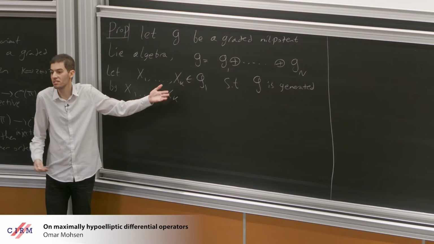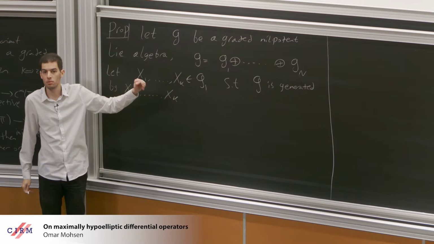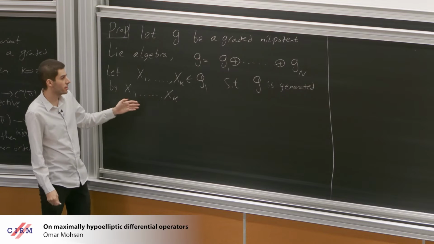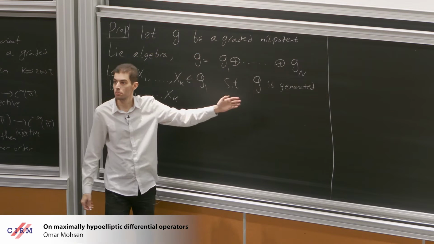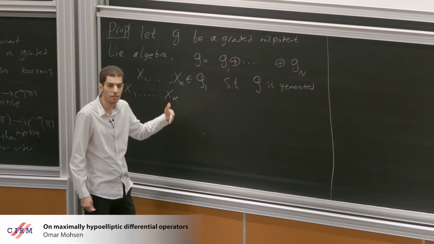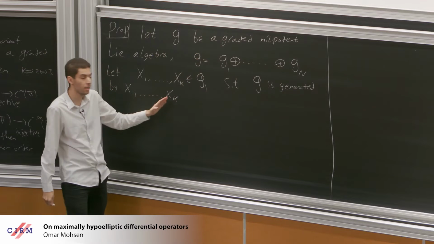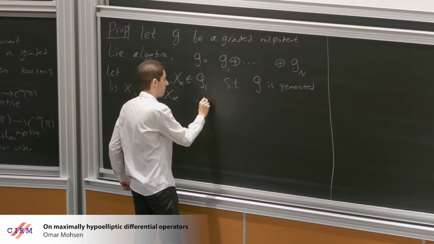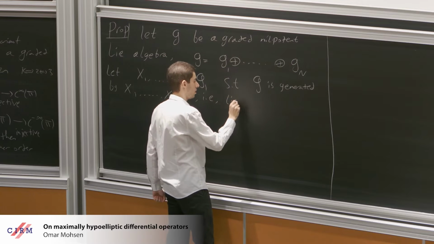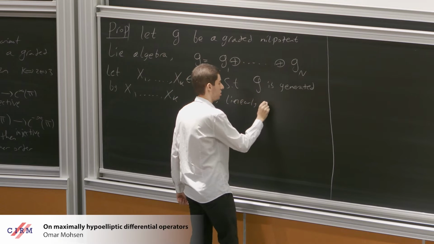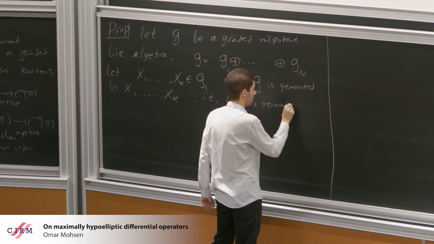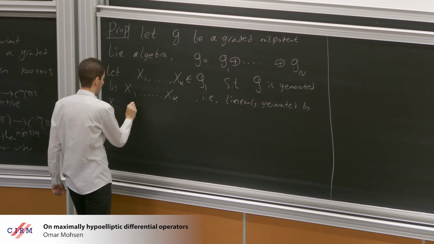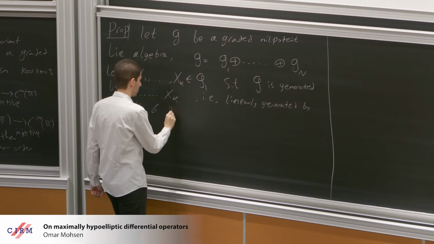Obviously, this doesn't necessarily exist. Maybe G1 is 0. Suppose it is generated, not as a vector space, as a Lie algebra. So it's linearly generated by these elements and their Lie brackets.